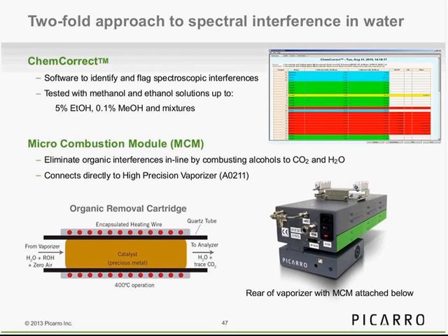We have a two-pronged approach for this: ChemCorrect and the Micro-Combustion Module. I'm going to focus on the Micro-Combustion Module today. As I mentioned earlier, this is an online addition to your standard vaporizer, where you not only vaporize the water, but then pass that water vapor through a combustion module. There's a catalyst.